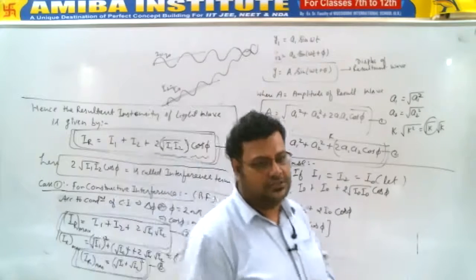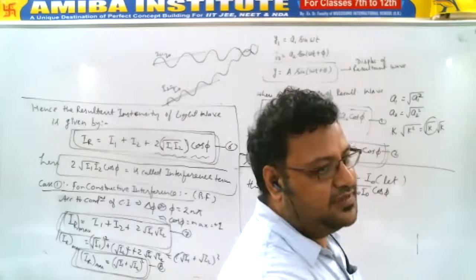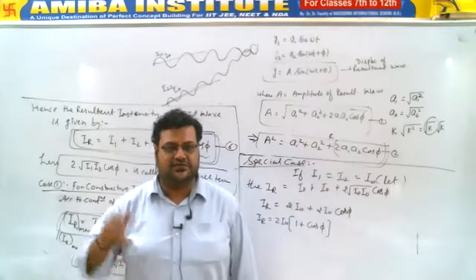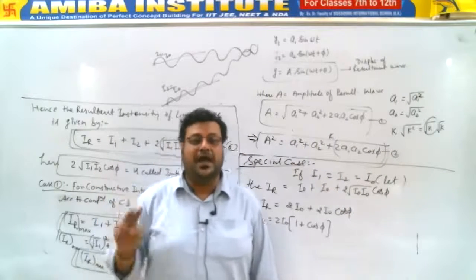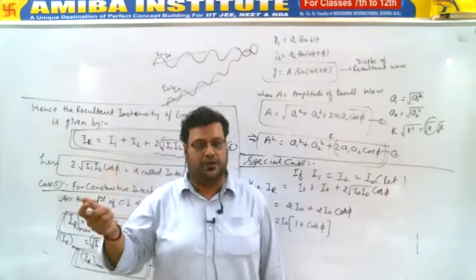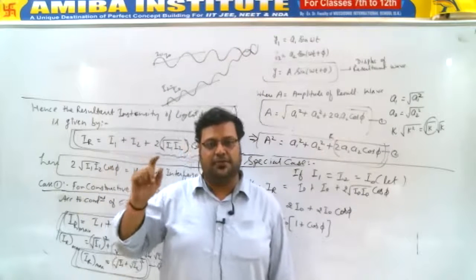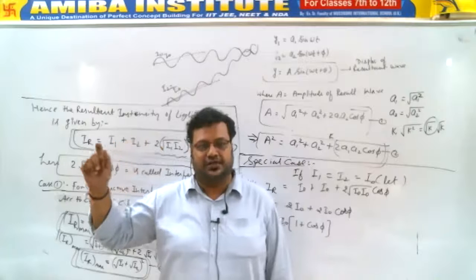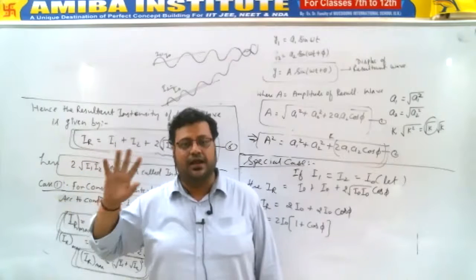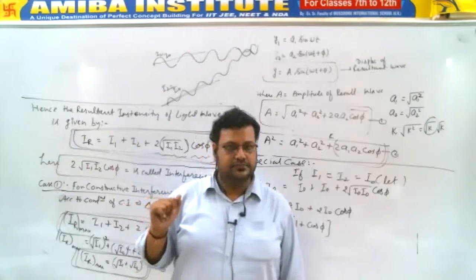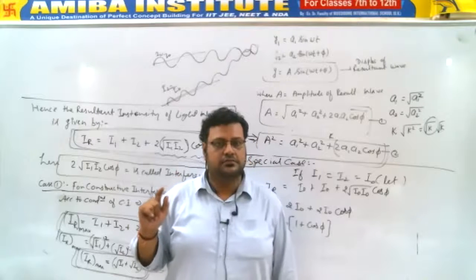Always remember that concept, right? Whenever 1 is there with cos theta with plus or minus, we need to cancel it out using the half angle property formula. What is the half angle property formula? Cos theta is equal to 2 cos square theta by 2 minus 1, or 1 minus 2 sin square theta by 2, right? This is the formula.